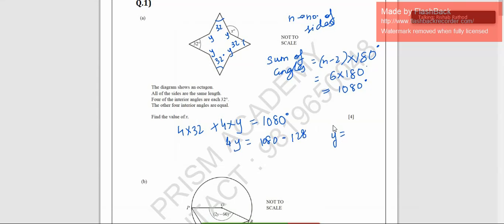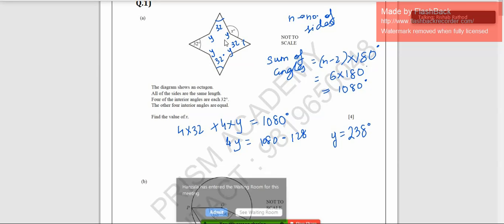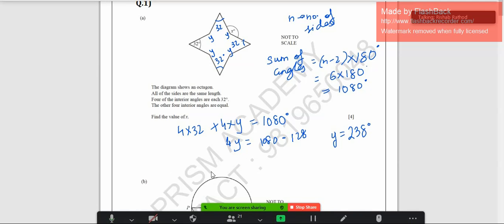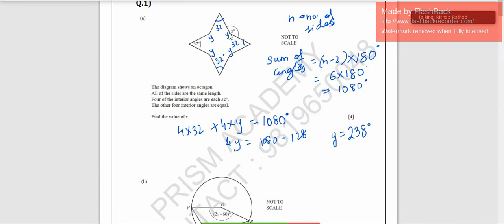You don't have to find y, you have to find x. Remember that. Divided by 4, you get each angle as 238. So I get y as 238. Can I say these are what? x plus y, they are angles around a point.